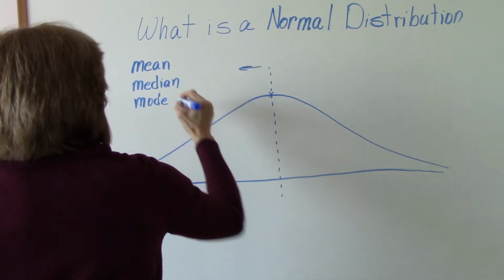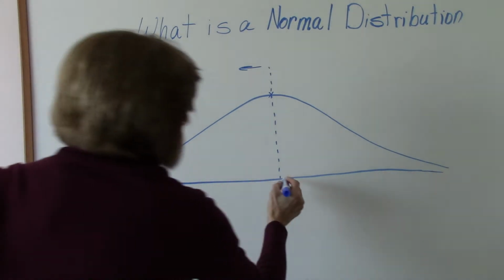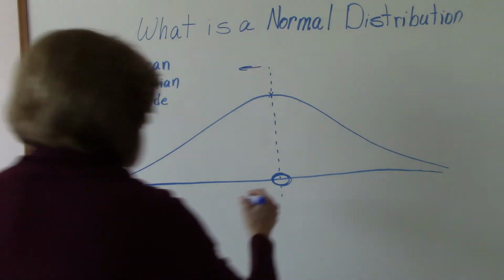When we looked at data that was graphed, we had skewed to the right, skewed to the left, or symmetric. So we're looking at that symmetric graph. Now, when we use a normal distribution graph, right here, we're going to be looking at the mean.